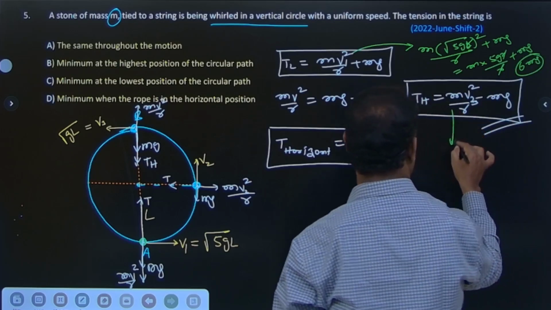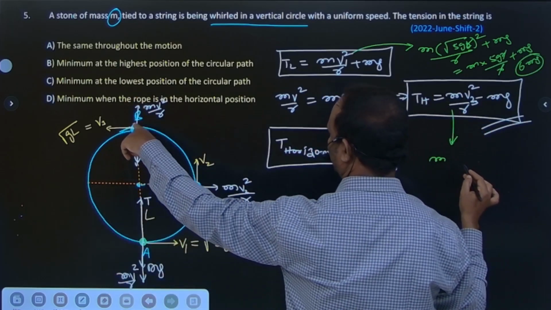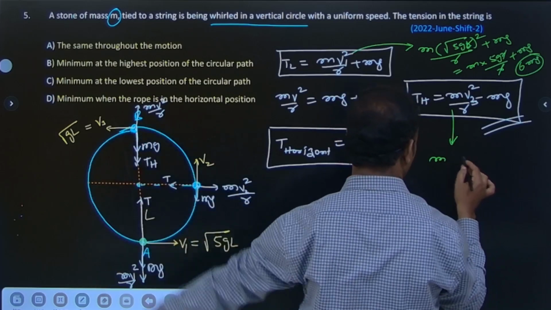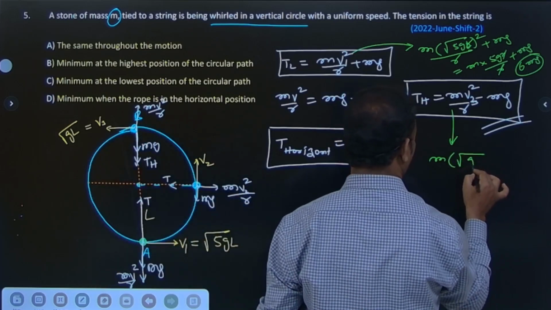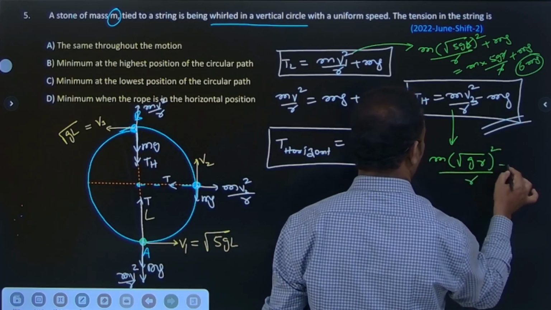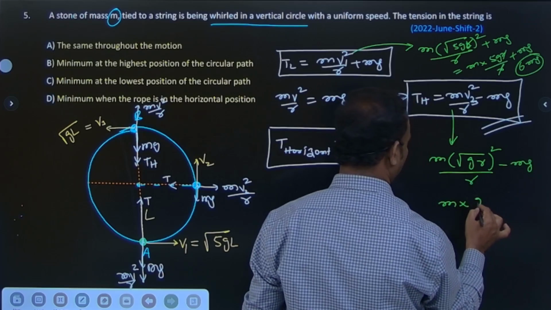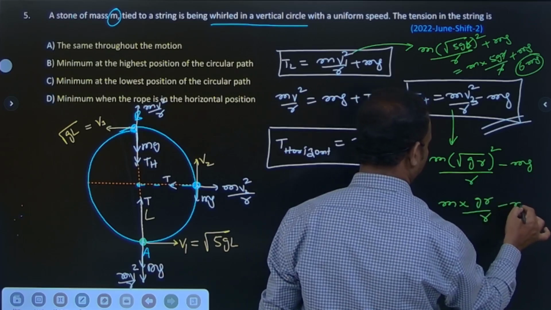Now you talk on this position, the highest point. At the highest point, the velocity is under root of gl. So this is m into square root of g into l, meaning r, whole square by r, minus mg. So m into gr by r minus mg.